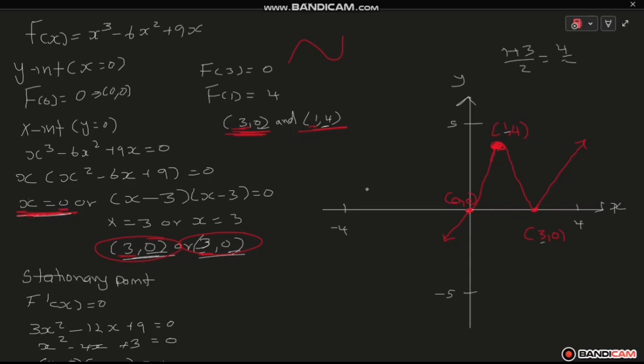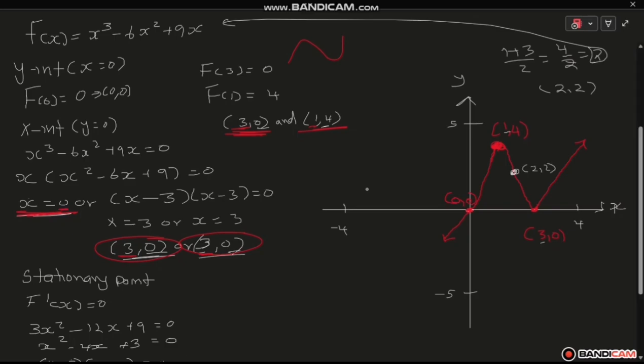Then the answer is 4/2 equals 2. Then you take it and substitute it into the graph of f to find the corresponding y value, meaning it will be (2, 2). I hope it makes sense. Then you'll plot it somewhere here. (2, 2). So this is very important.